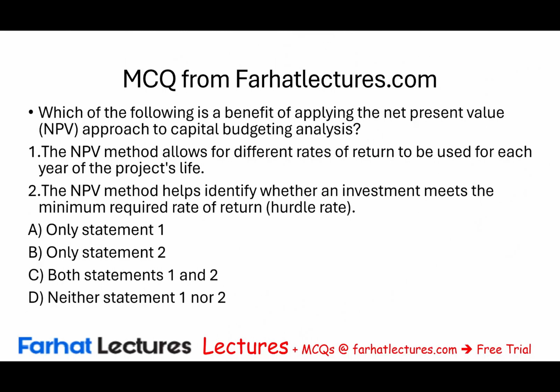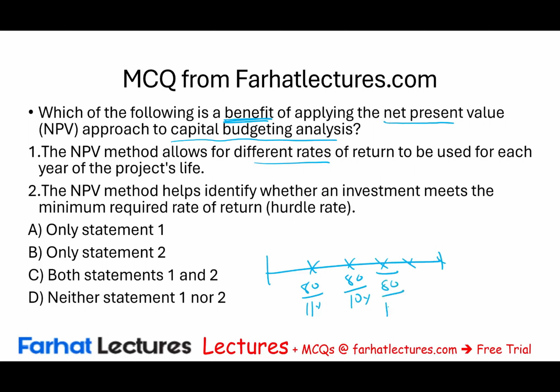Let's take a look at this multiple choice question from farhatlectures.com. Which of the following is a benefit of applying the NPV to capital budgeting? So what's a positive about NPV? The NPV method allows for different rates of return to be used for each year of the project's life. Yes. When you are computing the NPV, I used 11%, but when you are looking at a stream of cash flows, you can discount the first 80,000 at 11%, you can discount the second 80,000 at 10%, you can discount the third 80,000 at 14%.